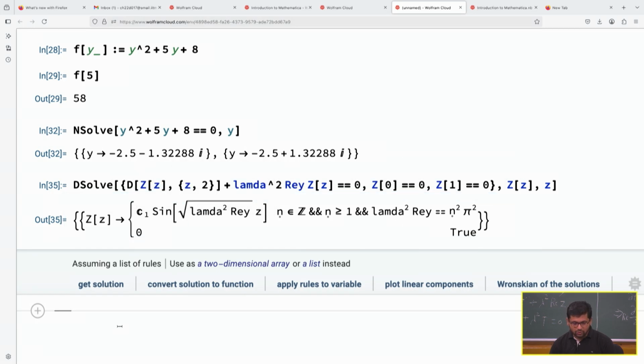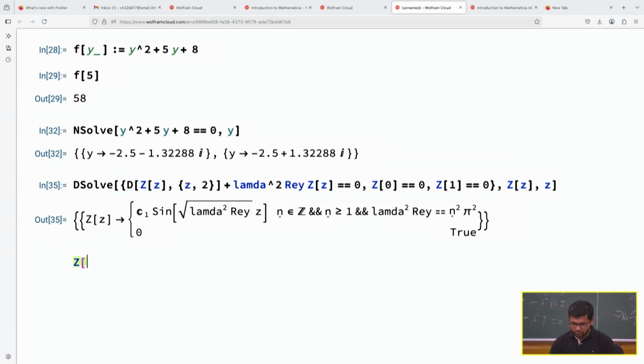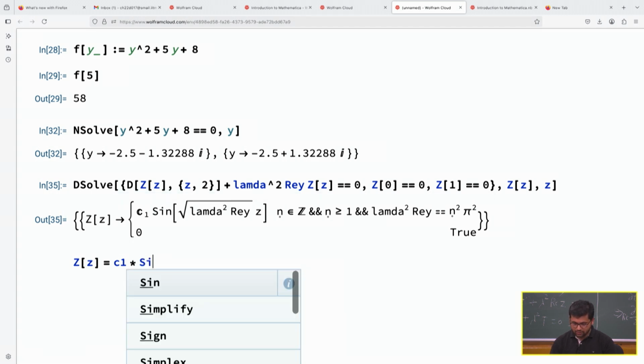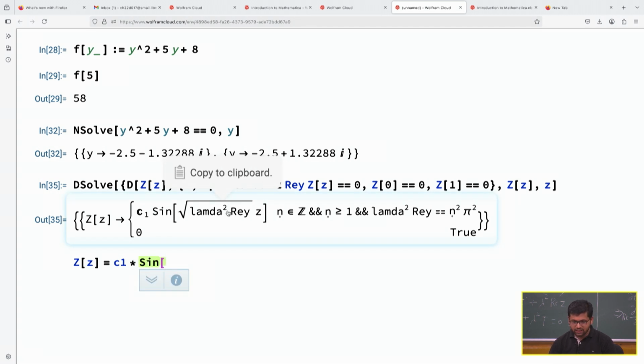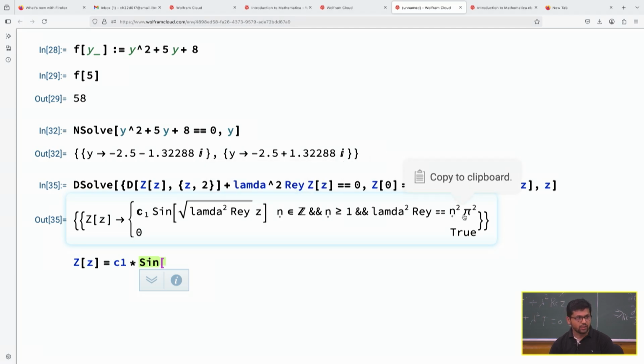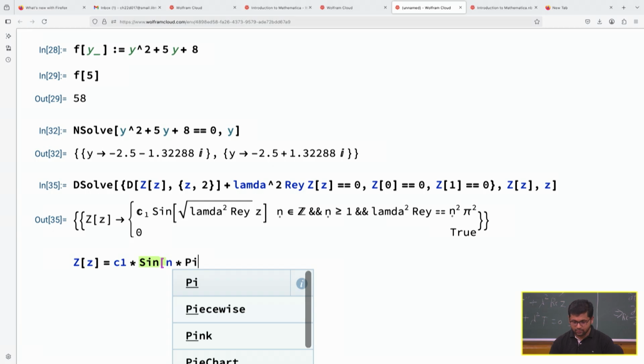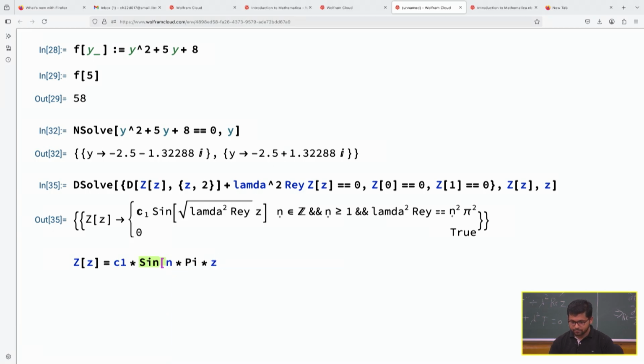The other thing is that lambda square Re is n square pi square. So, I will write Z of z is equal to C1 times this sine function, replacing lambda square Re with n square pi square. The root of n square pi square will be n pi, so n times pi is written as capital Pi times small z. So, this is our Z of z.